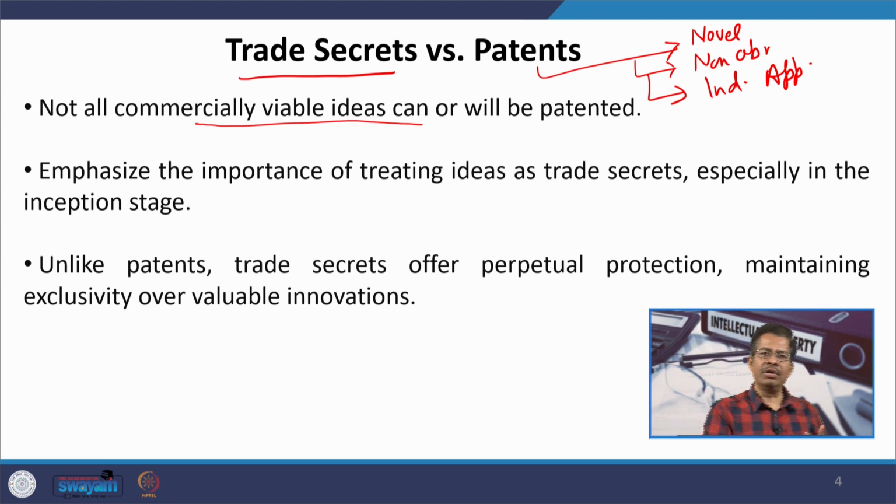And in that case also, because whenever you are doing a patent, your complete know-how is available in the public domain. So, if for example, you have a new recipe of some dish and you take a patent on this, that how to make this type of cake, and you have taken a patent on this.